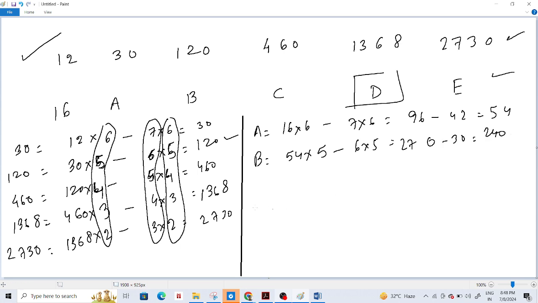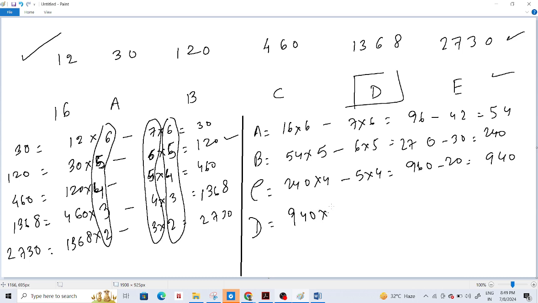There is going to be 240. 240 into 4 minus 5 into 4, that is 940. Now 940 into 3 minus 4 into 3. So that is going to be 2808. This is the answer for D.